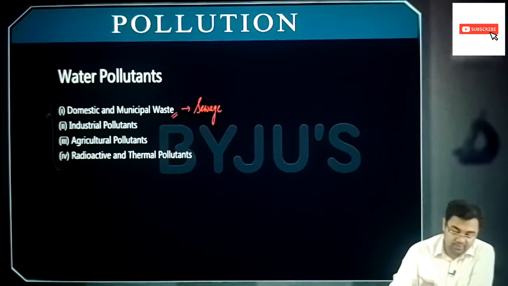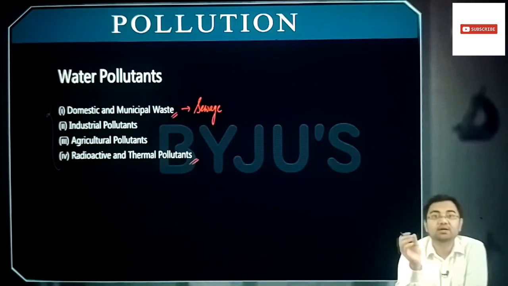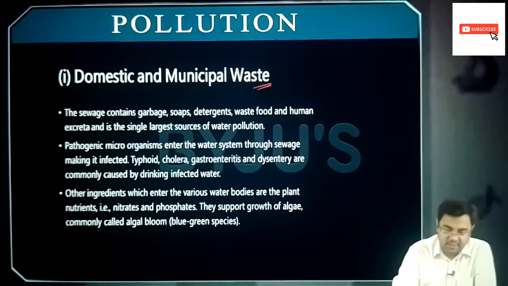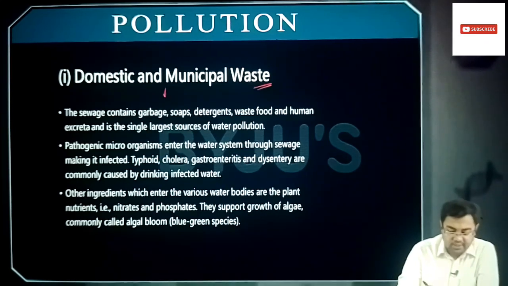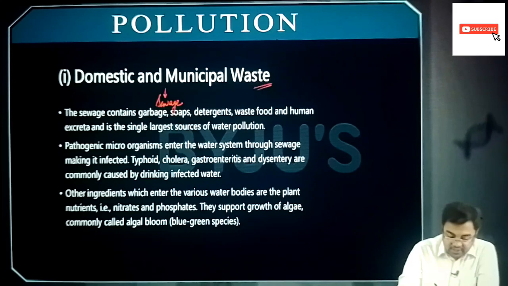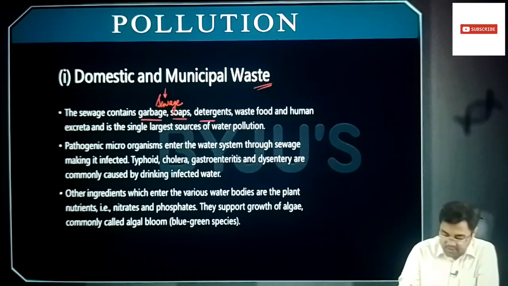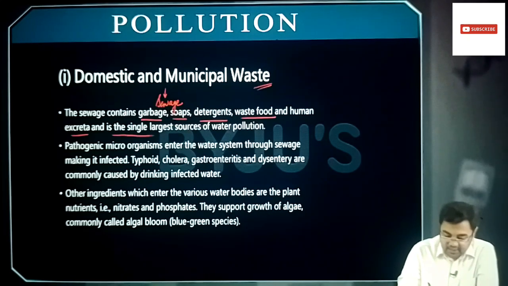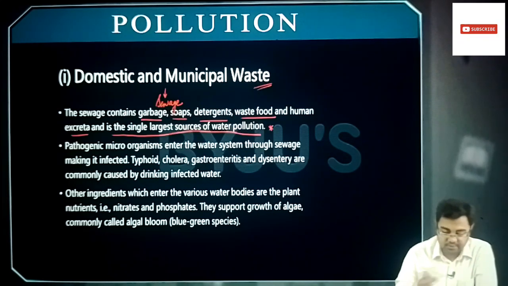And finally, we have the radioactive and thermal pollutants. The first one is domestic and municipal waste. Basically, the keyword as we discussed is sewage. The sewage contains garbage, soaps, detergents, waste food, human excreta, and is the single largest source of water pollution.